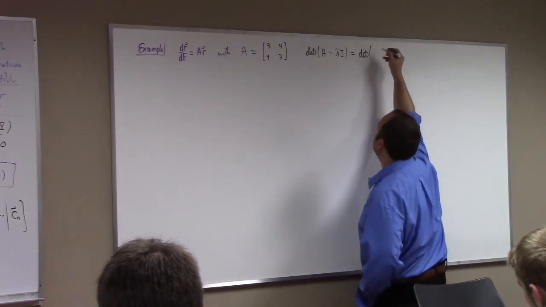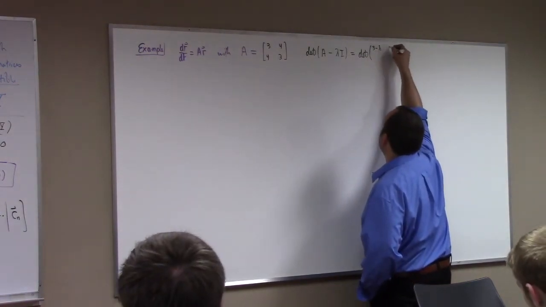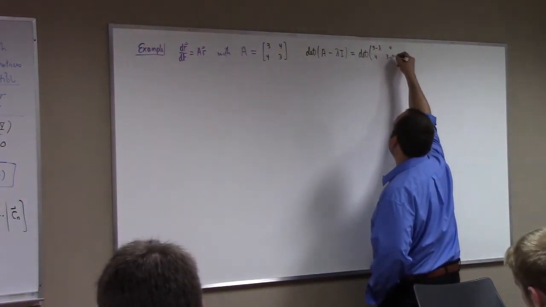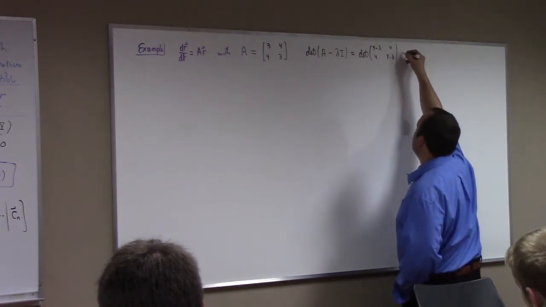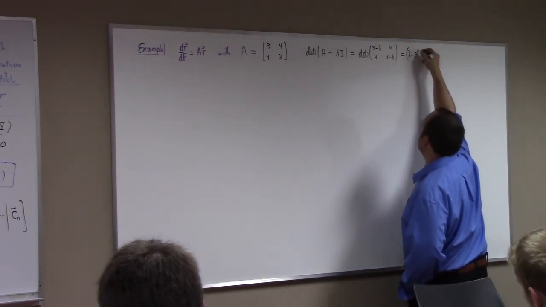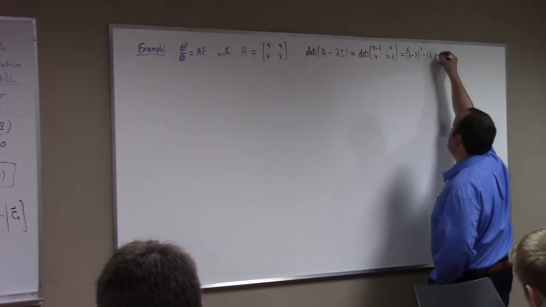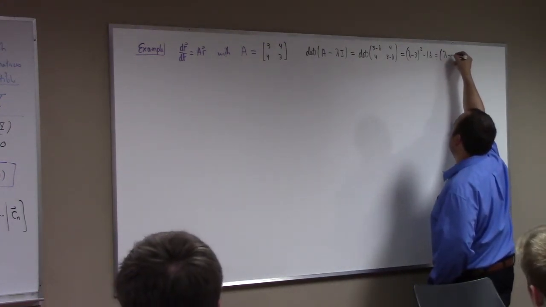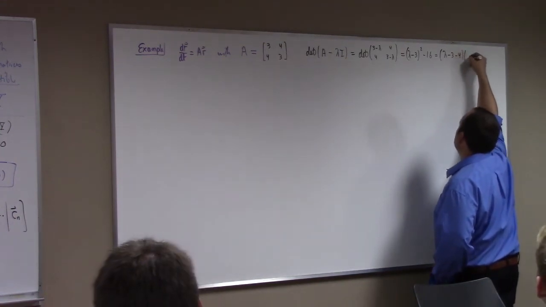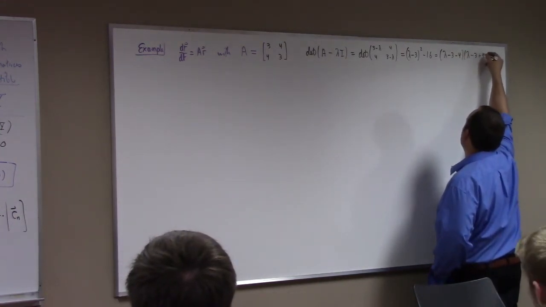Okay, so 3 minus lambda, 4, 4, 3 minus lambda. And that's lambda minus 3, quantity squared, minus 16. So we get lambda minus 3 minus 4 times lambda minus 3 plus 4.